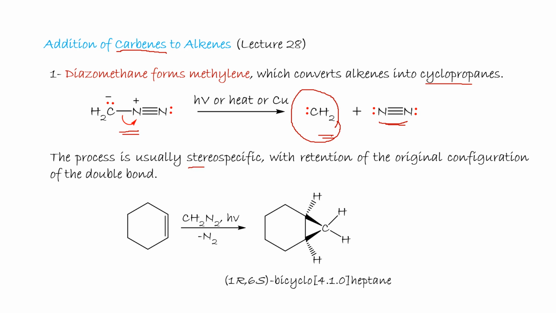Its reaction is stereospecific with retention of the original configuration of the double bond. Cyclohexene reacts with diazomethane in presence of light to form 1R,6S-bicyclo[4.1.0]heptane.